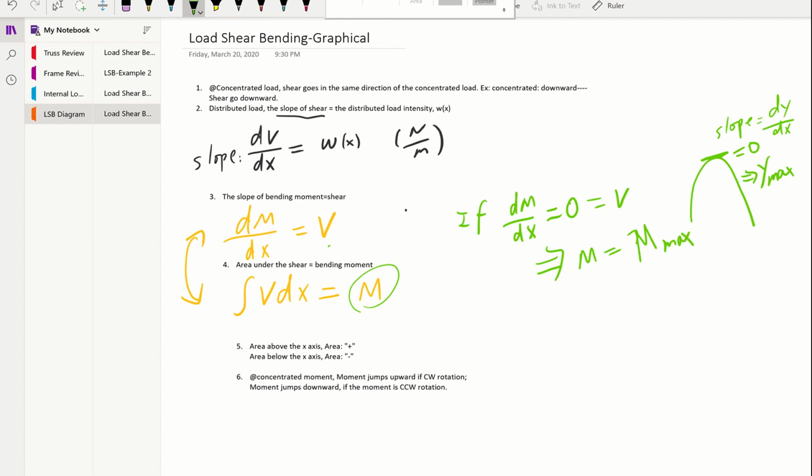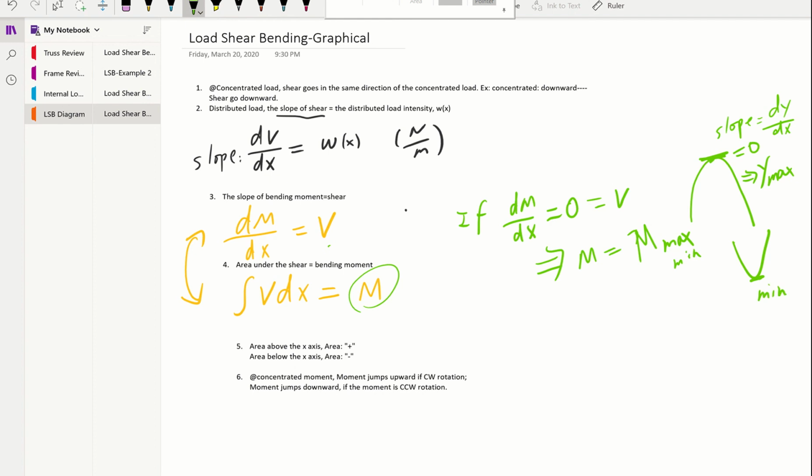Okay, so that's something to pay attention to. If you have a slope equal to 0, then you will have the highest point or the lowest point, maximum or minimum, right? Because it could be concave down this way. The slope is 0, and that's going to give you the minimum value.